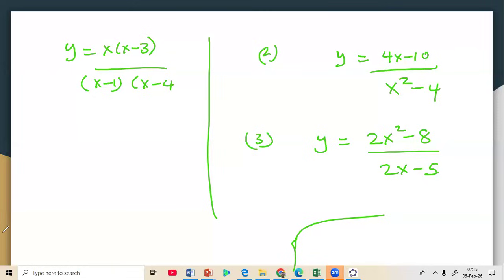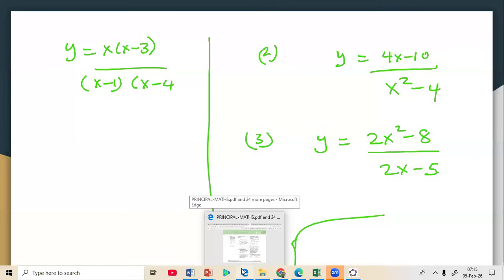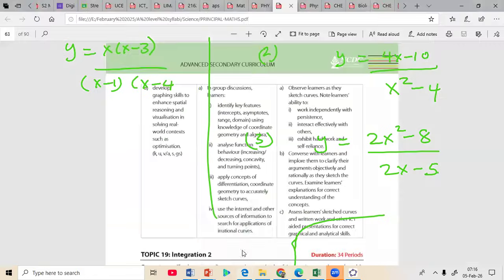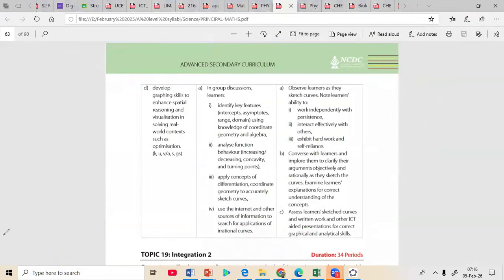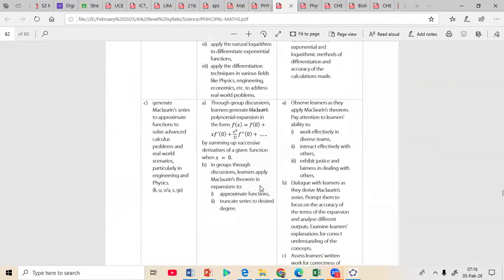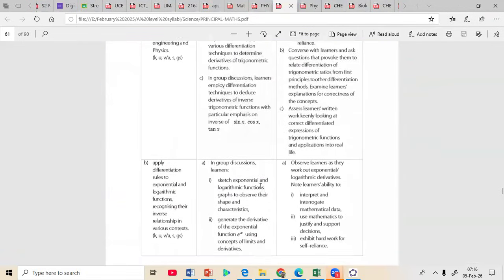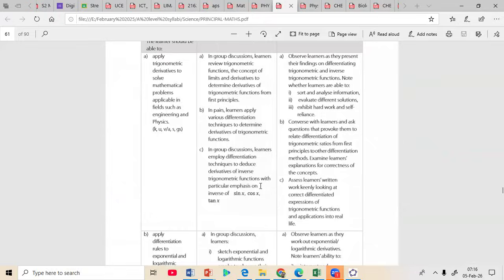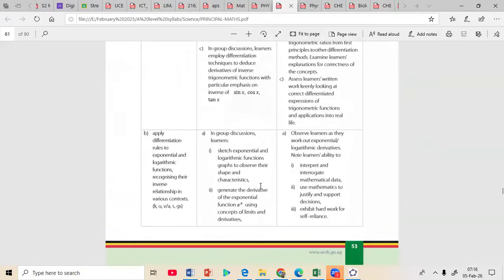Let me wish you a good day and let's practice and master these ones. And always, like I've told you, go back and look at the syllabus books. I sent those books in the group so that you can check whenever you are learning that this is what they require in the syllabus. Look at the areas that have been emphasized.